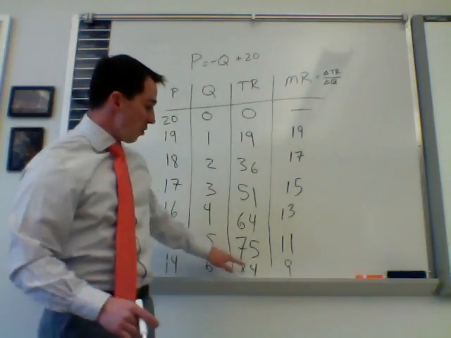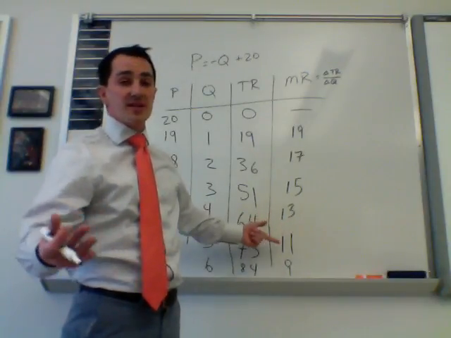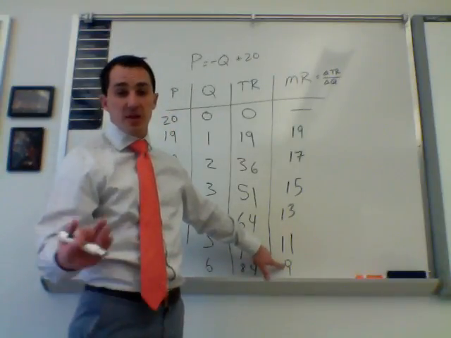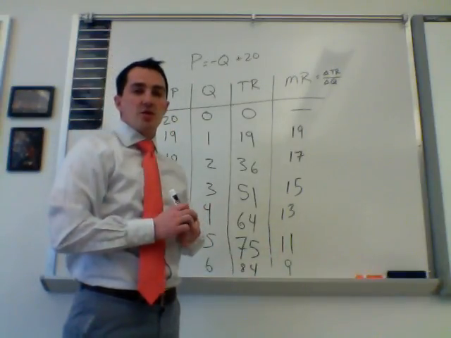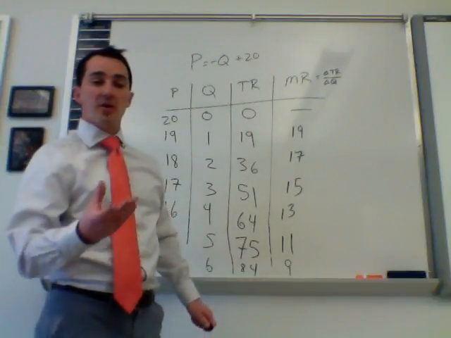So by selling one more, they're going to bring in $9 more. They're only going to sell that if the cost of producing that one more is less than or equal to 9.